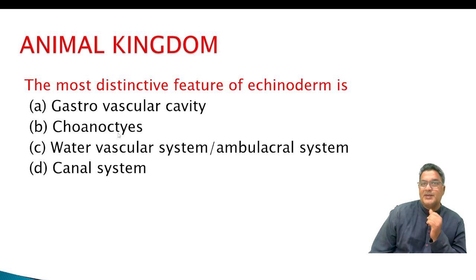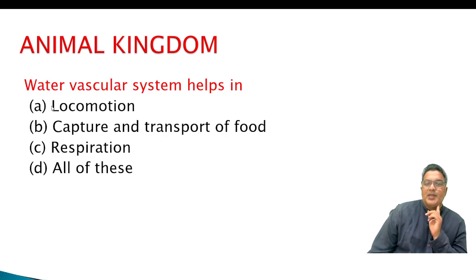Choanocyte is a characteristic feature of phylum Porifera. Water vascular system or ambulacral system belongs to phylum Echinodermata. Canal system belongs to phylum Porifera. Water vascular system helps in locomotion, capture and transport of food, respiration, all of these. Yes, all of these.